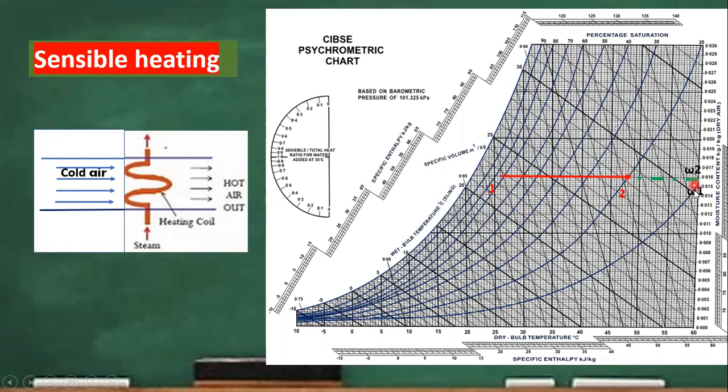That is, the moisture content is 0.016. This is an example for understanding purposes. Now there is an increase in the temperature. Temperature T1 is approximately 26 and T2 is approximately 48 degrees Celsius.